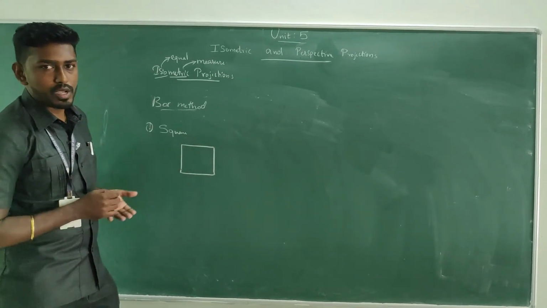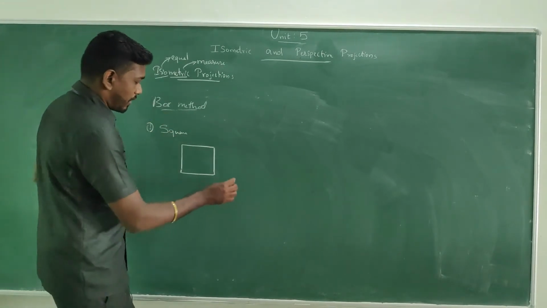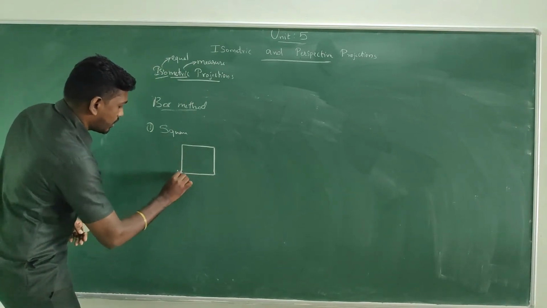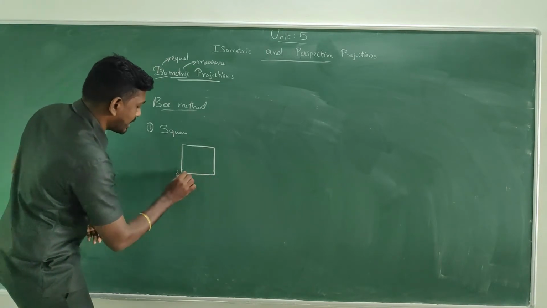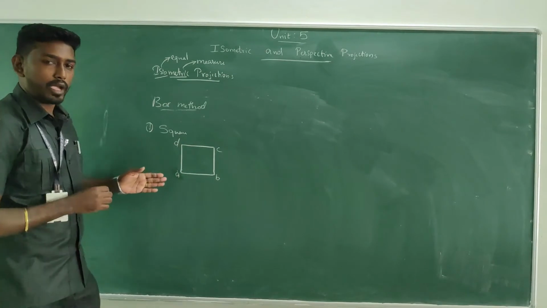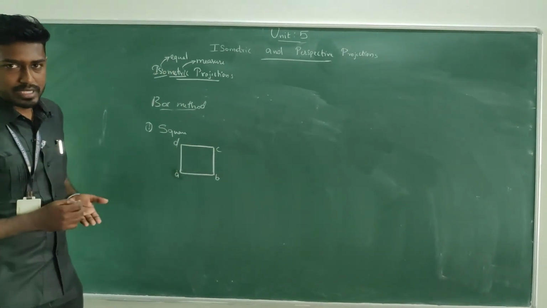How are we going to take it into the 3D axis? In order to do that, first you can give names for it. In a 2D diagram, capture the corners with small letters a, b, c and d. Now it's time to make the isometric view.